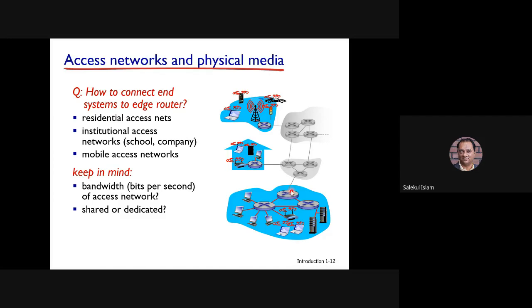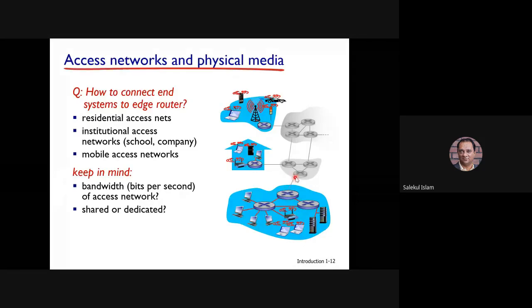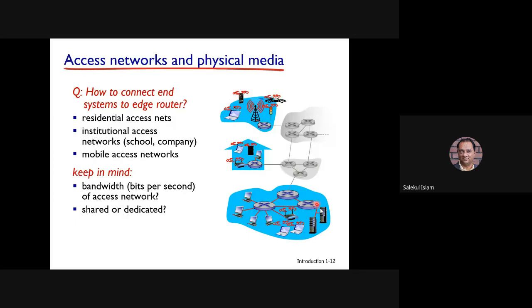So from that router there is a dedicated wire, and that wire is directly connected with the ISP. So all the data that is being generated from UIU, that data is being transmitted through that dedicated connection.